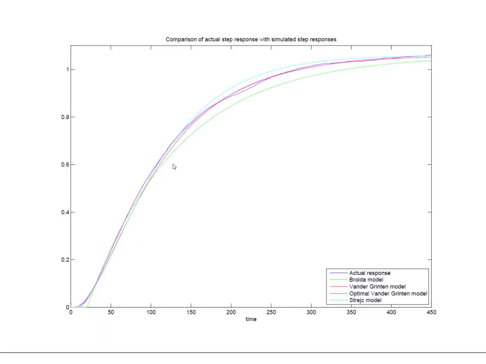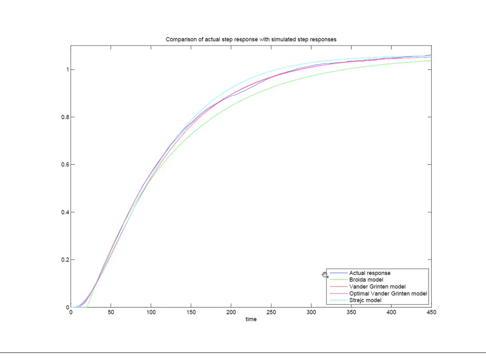So this is how the comparison should look like. This is of course on another system. You can see it here because the static gain is above 1, right? And in the example that we had discussed, we had around 0.6, but nevertheless this is how your comparison should look like.